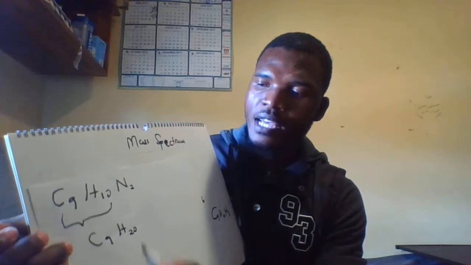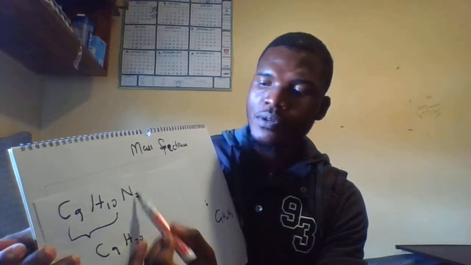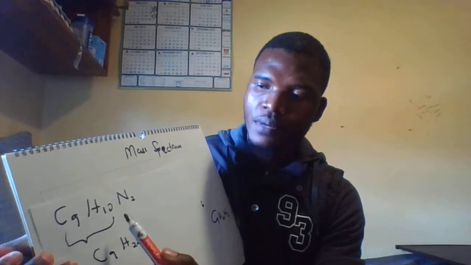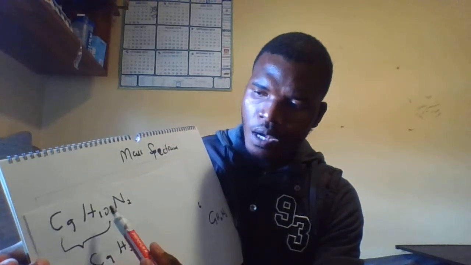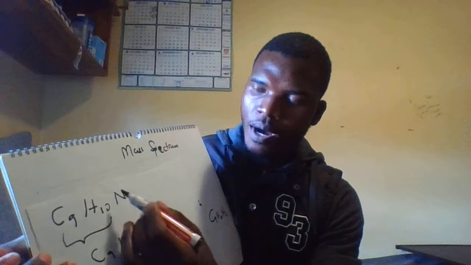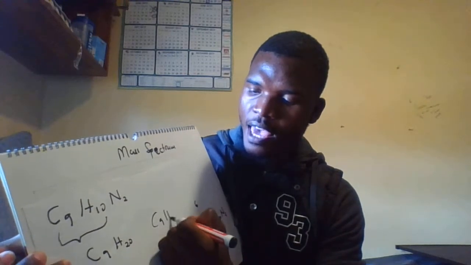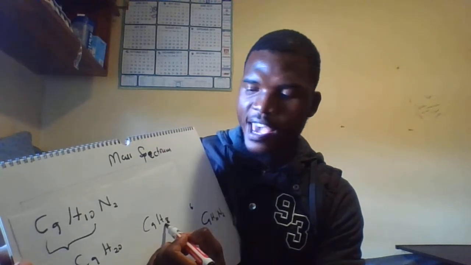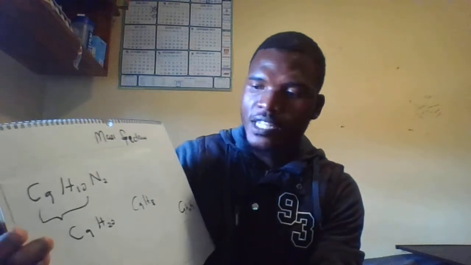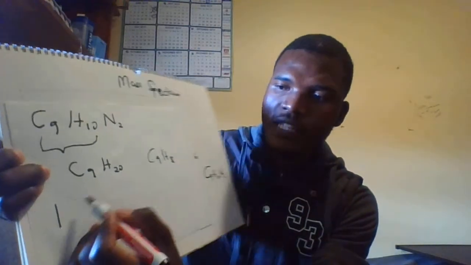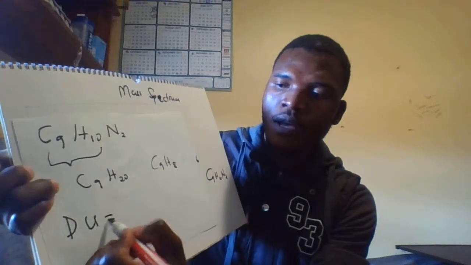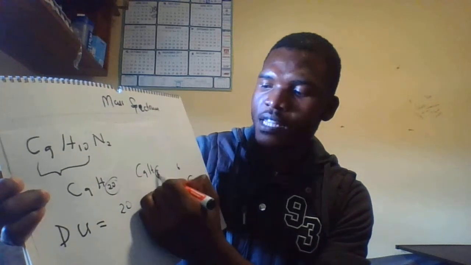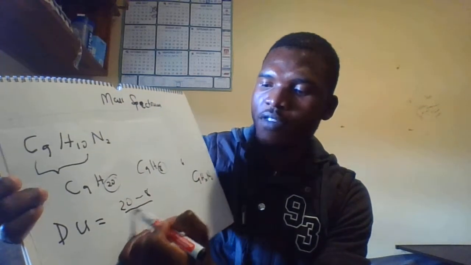Remember I said we're going to subtract 2 hydrogens because of the 2 nitrogens, so in our formula we have C9H8 instead of H10. The degree of unsaturation, DU, is given by this 20, subtract this 8, and divide by 2.